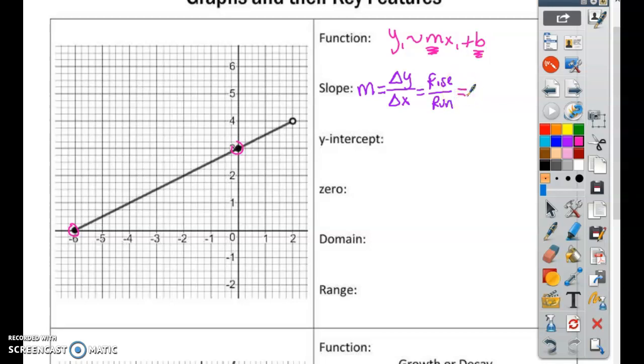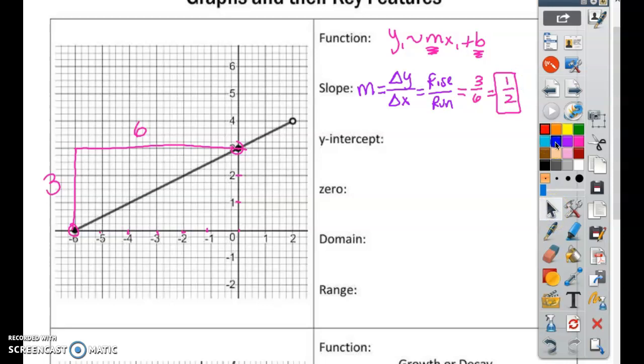For this one, the rise over run, from here to here, it goes up 1, 2, 3. So the rise is 3. The run from here to here, 1, 2, 3, 4, 5, 6. It goes over 6. So that's 3 over 6, which equals 1/2. You can put this in Desmos, divide it, and see that it gives you 1/2.